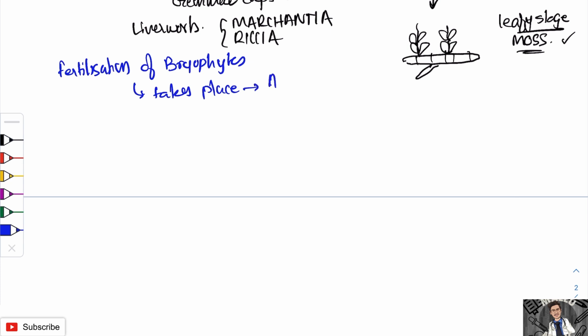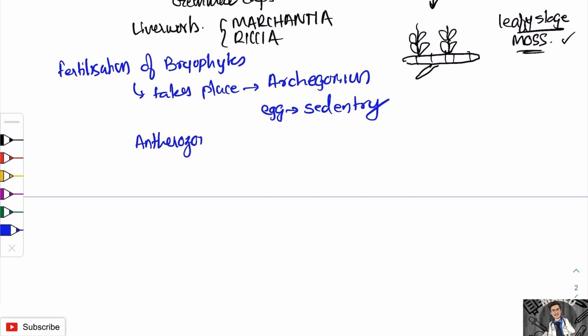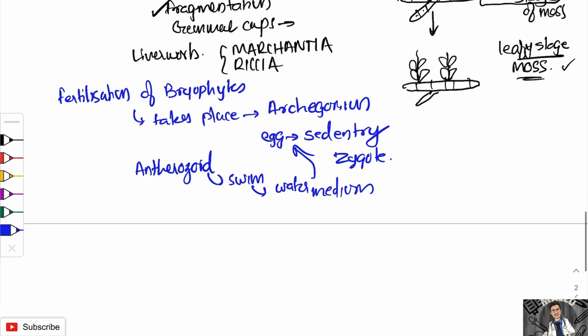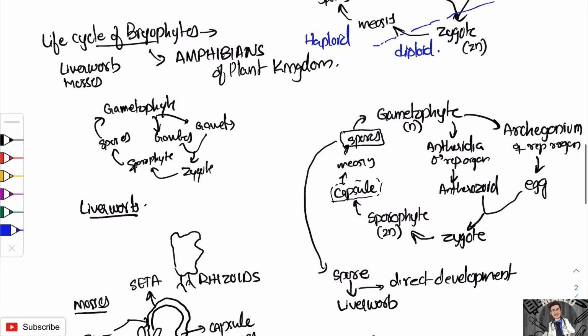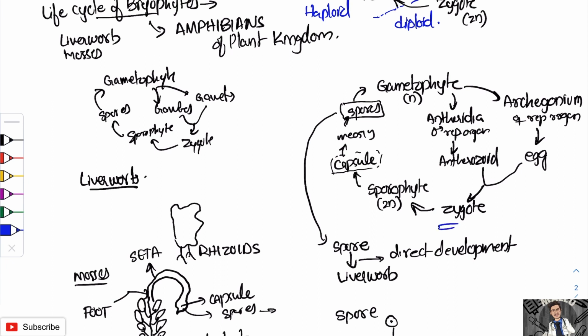Here the egg is sedentary, or non-motile, whereas the androzoid has to swim through the water medium to reach the sedentary egg to form the zygote. So that's all about the life cycle of bryophytes.